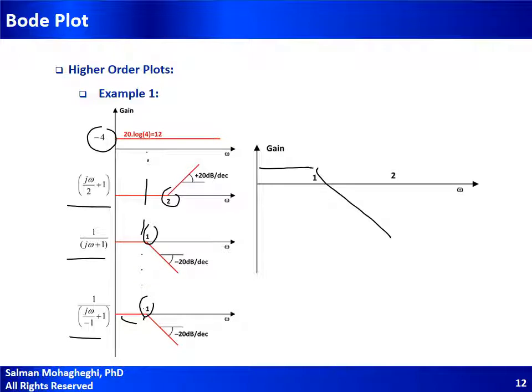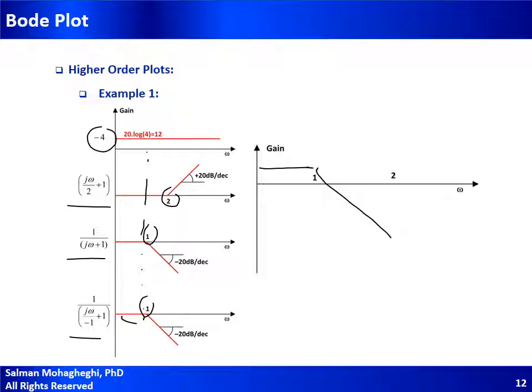Until I get to the next breakpoint, which in this case is 2 radians per second. At that point, I will start seeing the impact of the zero. The impact of the zero is going to be a line with a positive slope of 20 dB per decade. What did I have before? I had negative 40 dB per decade. So I have negative 40 dB per decade, and I add 20 dB per decade to it.